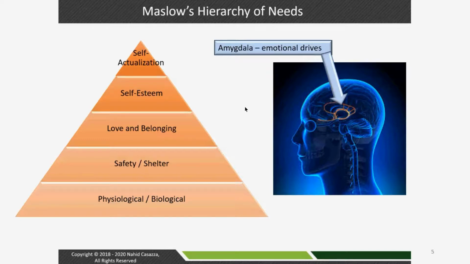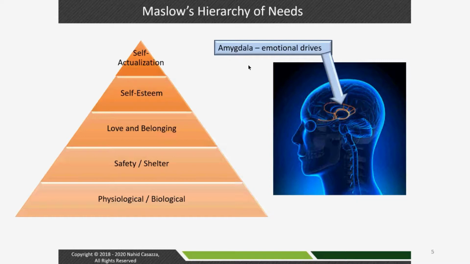And for those of you that are interested in neuroscience, you may have heard about the amygdala, which is very popular these days because people are attributing the amygdala to our strong emotional stress reactions. And you may even hear people joking about having an amygdala hijacking, which is basically when you have a reaction and your emotions take over. The amygdala is in a lower part of our brain, sort of in our midbrain, and it's not part of our higher brain, our prefrontal cortex, which is responsible for our language and our logic.